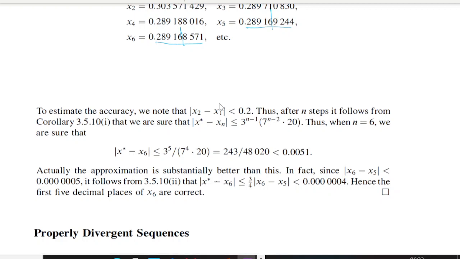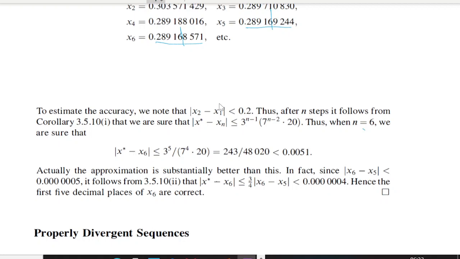Now to estimate the accuracy, we note that x2 minus x1 is less than or equal to 0.2. Thus, after n steps, it follows from the corollary that we are sure that x star minus xn is less than or equal to 3 raised to n minus 1 into 7 raised to n minus 2 into 2.